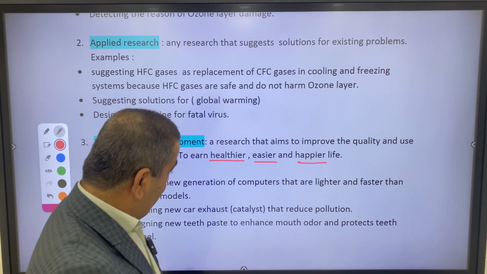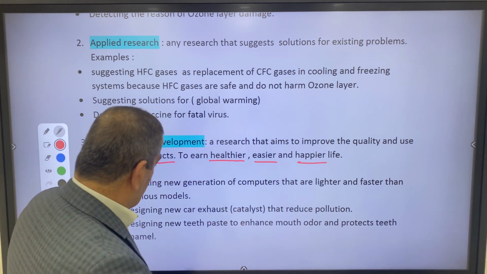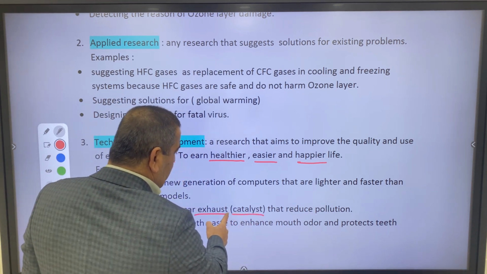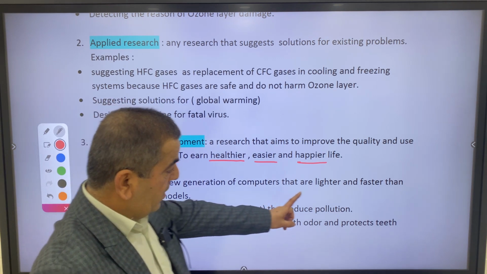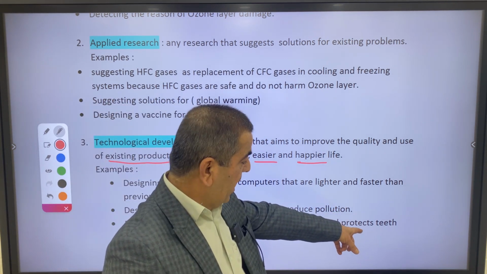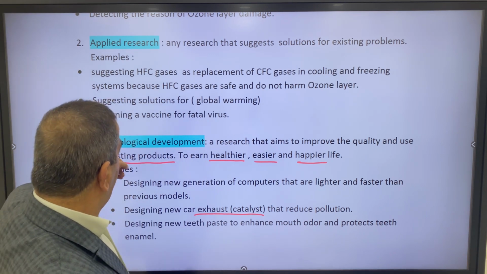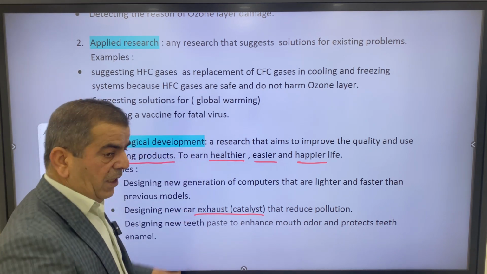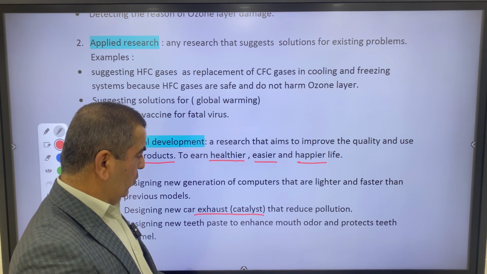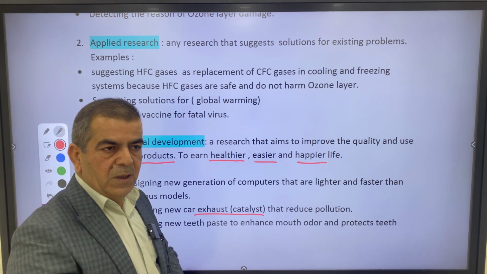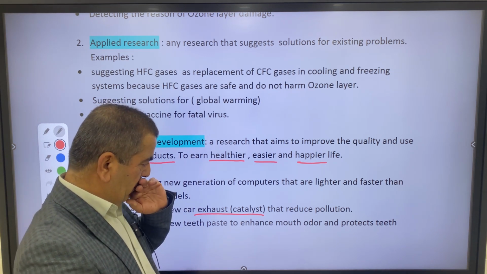So designing a new catalyst or new exhaust for a car that reduces pollution. Of course, this would be technological development because we already have cars, but we want to improve our cars in order to have cars that are not harmful to the environment, not pollution.